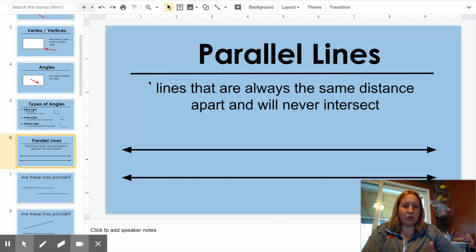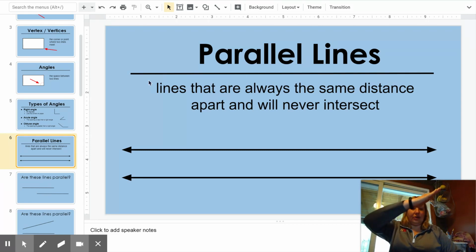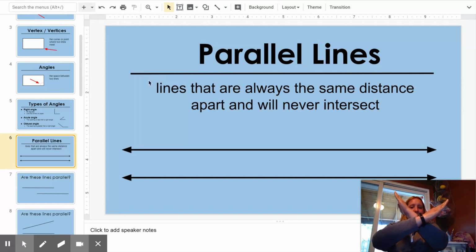Now we have to know that word. I do want to throw one other set of words out there because you might see these words, especially in ALEX. Sometimes you'll see the word intersect. Intersect means two lines that cross each other. So if I have a line here and I draw another line like this to make an X, those lines intersect or cross.